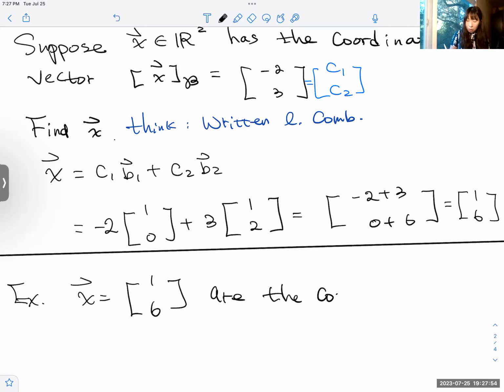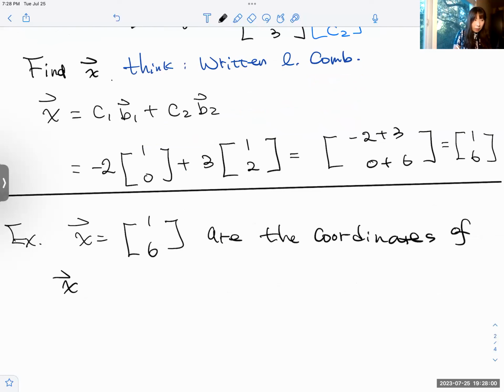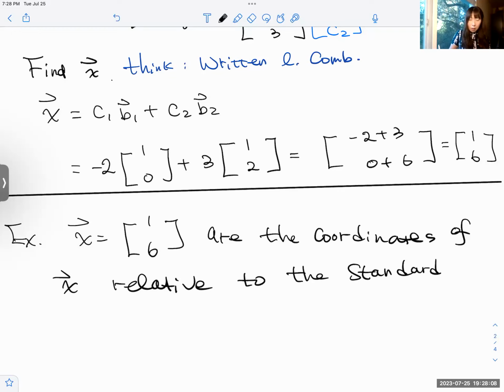The coordinate of x relative to the standard basis. We have a standard basis, e sub 1, e sub 2.